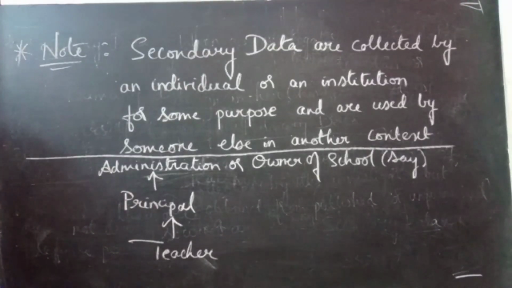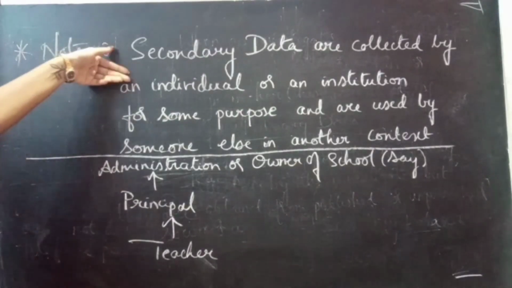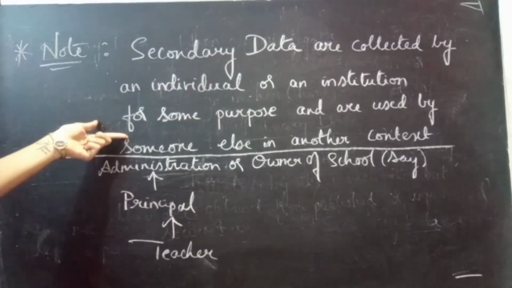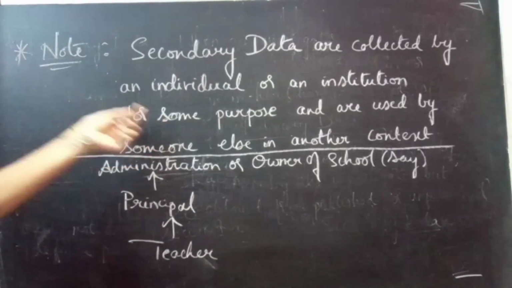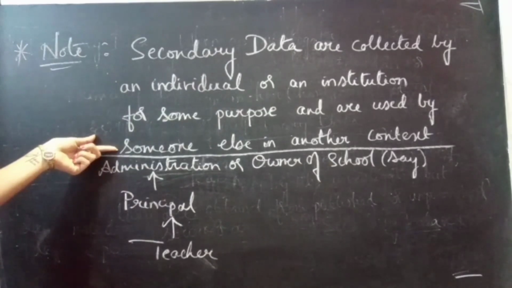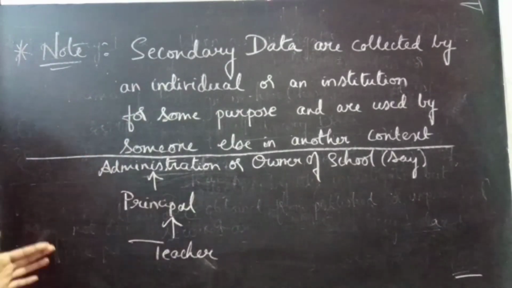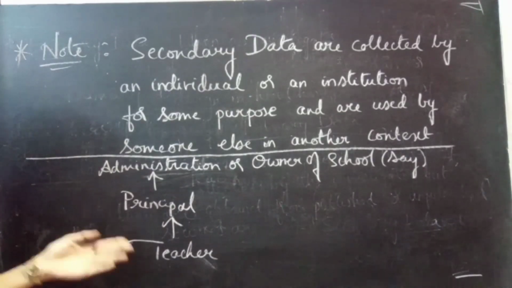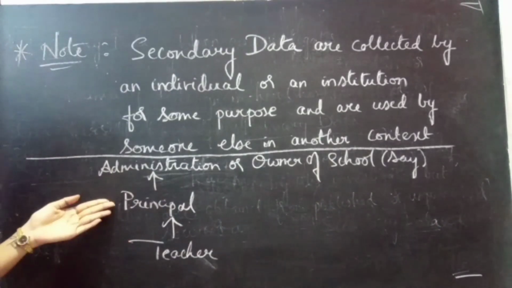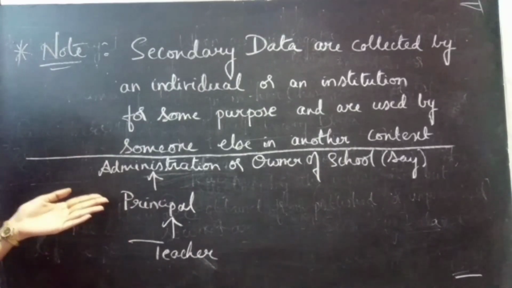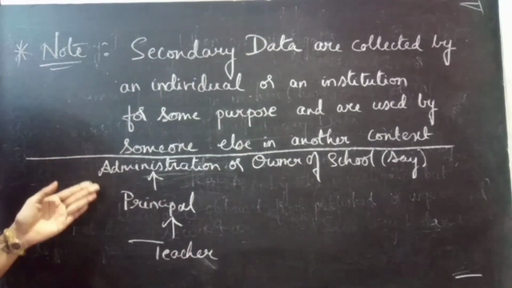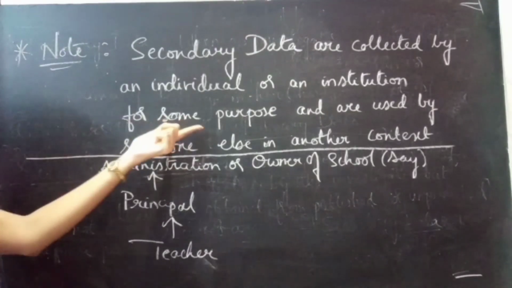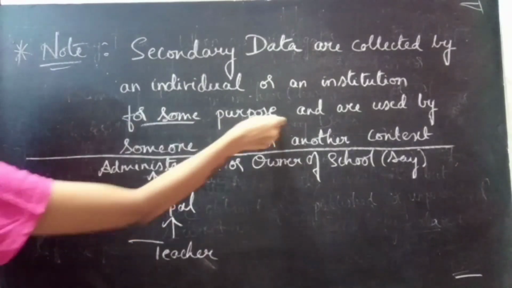A very important note: secondary data are collected by an individual or an institution for some purpose and are used by someone else in another context, right? The teacher collected the actual data, primary data, and handed it over to the principal, and the administration will collect the marks list from the principal for some purpose.